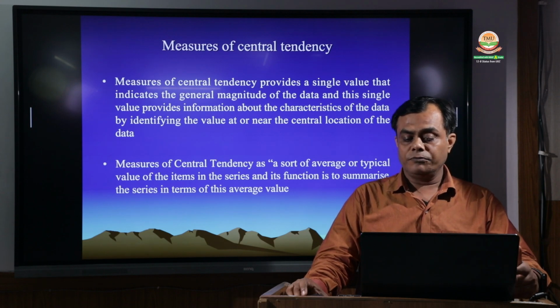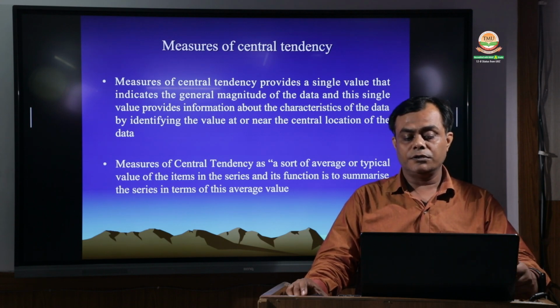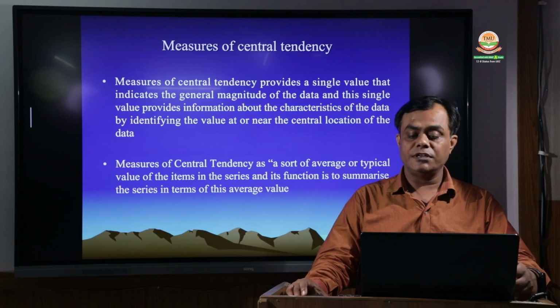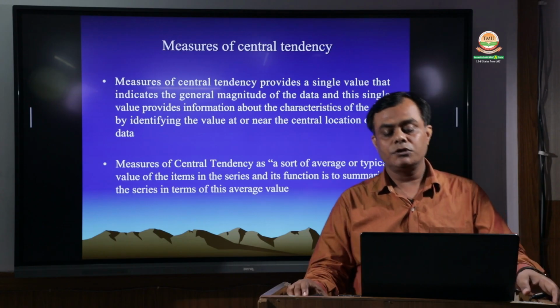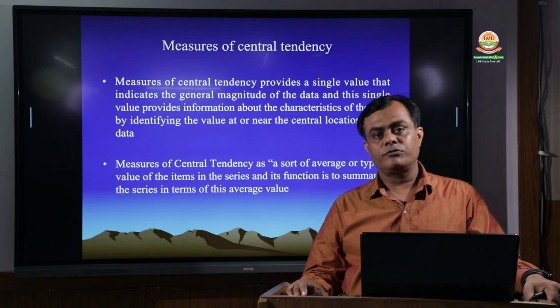In other words, we can say that the measurement of central tendency is a summary figure that helps in describing the central location of a certain group of scores.